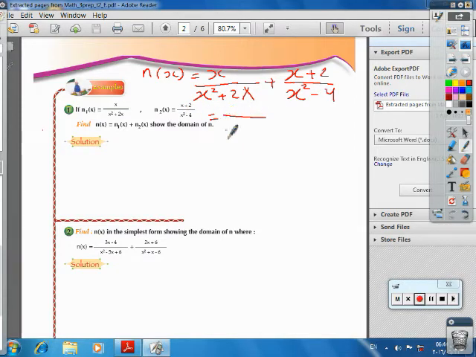Okay, we can factorize them. x over, we take x as HCF, x(x + 2), plus (x + 2) over, in this denominator we can factorize the difference between two squares, (x + 2)(x − 2).